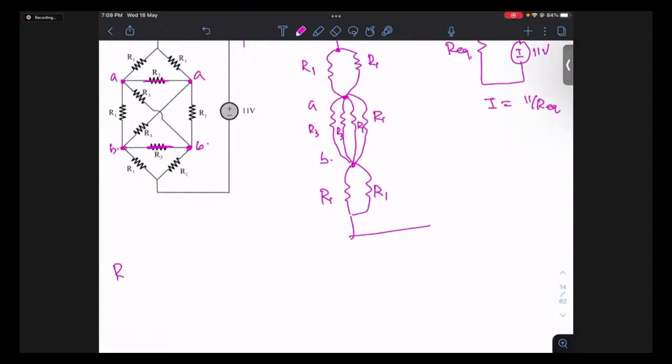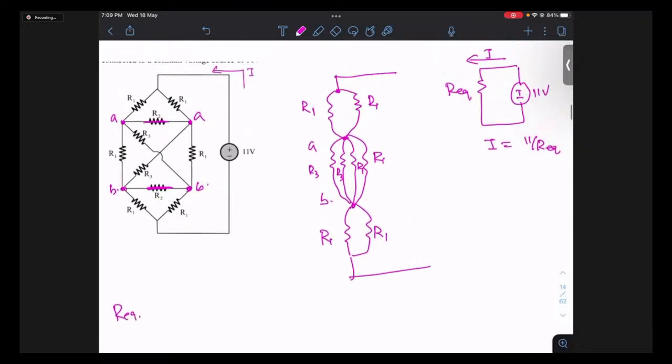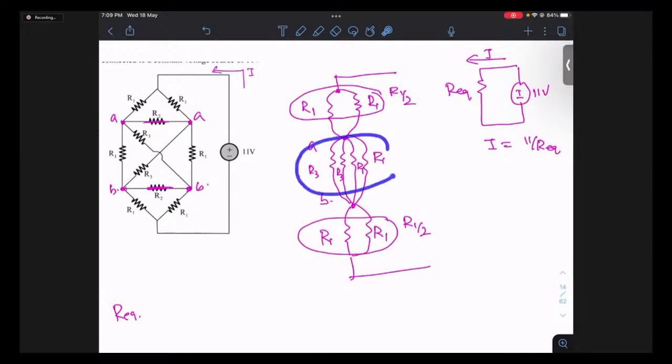So what is your R equivalent then? R1 and R1, they are in parallel. You get R1 by 2. R1 and R1 in parallel, you again get R1 by 2. And I believe you agree that these and these are in series. So equivalently, this and this will become R1. But what about this? R1, R1 parallel, you get R1 by 2.